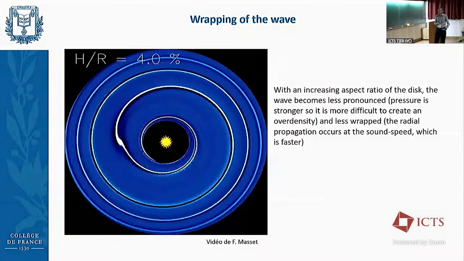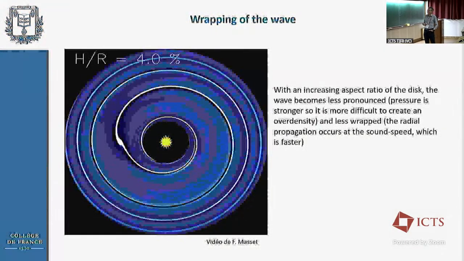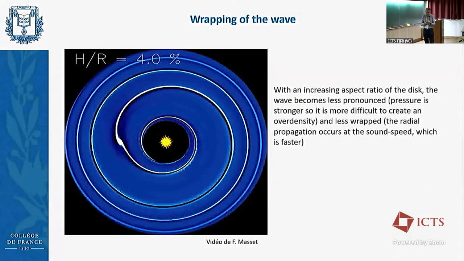A few things about the properties of the wave. The wave is an overdensity in the gas. To create an overdensity, you have to fight the internal pressure of the gas. So the higher the scale height of the disk, the stronger the pressure, so the smaller the overdensity in the wave.